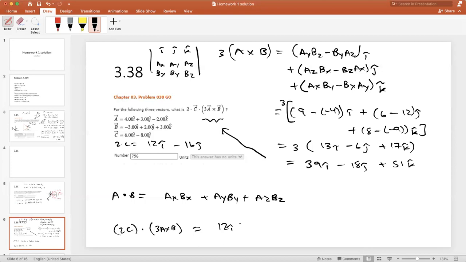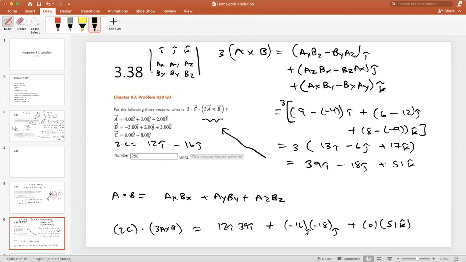12 I hat times 39 I hat. The I hats, when you multiply them, because they're both the same, you get a 1 and they go away. That's the formal vector analysis way to do it. Minus 16 times minus 18, and this is J and this is J. And then finally, 0, C doesn't have a Z component, times 51 K, so this goes away.